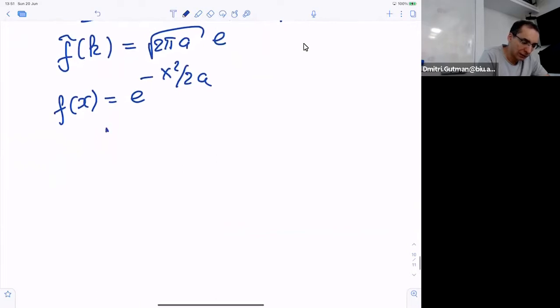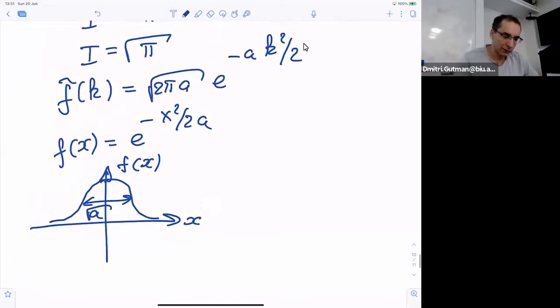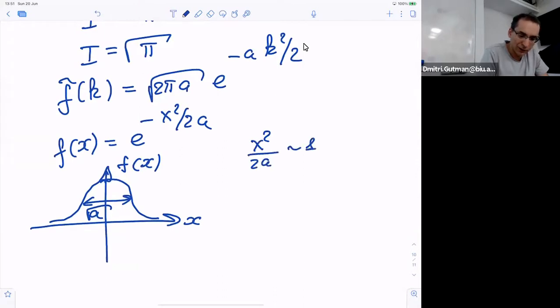This was a Gaussian in x space. And the width of this Gaussian was square root of a, because this is where x squared over 2a was roughly 1. So x was roughly the square root of 2a.